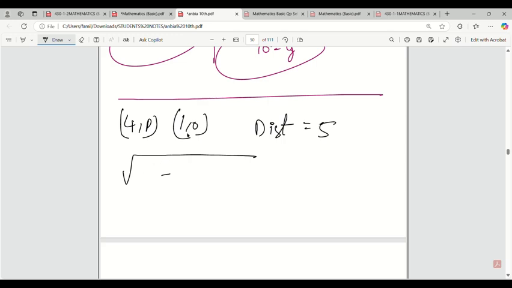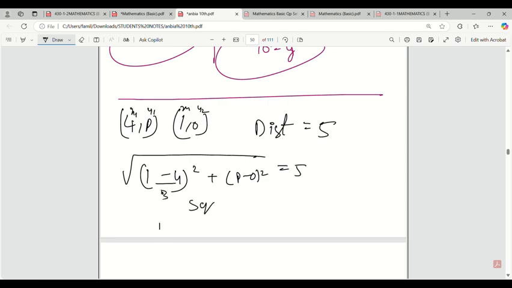Only in the distance formula you can change the order, x2 minus x1 or x1 minus x2, y2 minus y1 or y1 minus y2. It's up to you. Basically I'm just going with the normal formula so that you can easily understand. Both of them will result in the same answer.